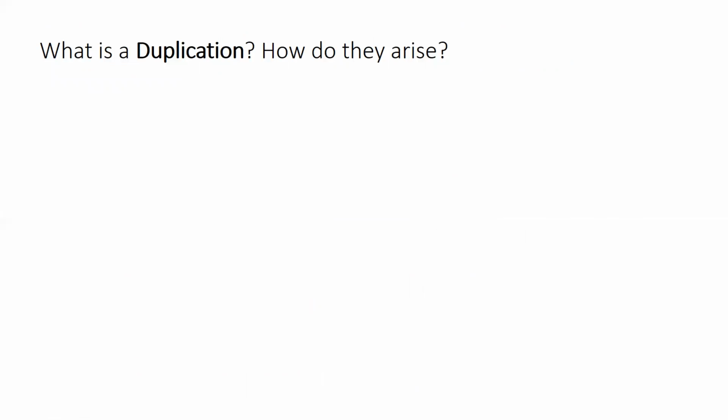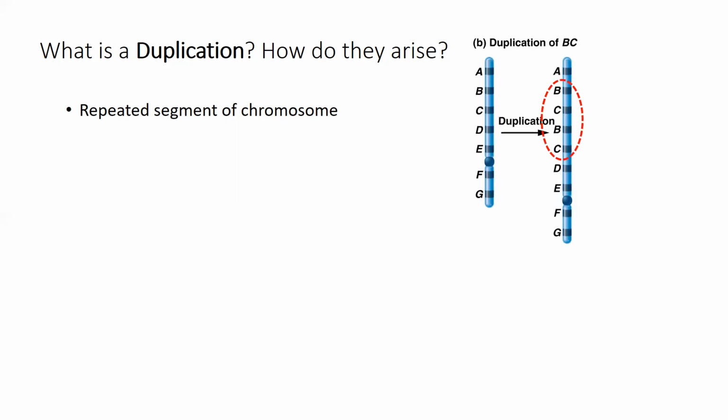So what is a duplication and how does it arise? Duplication, as it suggests, is a repeated or duplicated segment of a chromosome. It can be within the genome itself. So you have B and C here, just one. But when you have duplication, you have B, C, B, C. Okay? So the single locus is present more than once in the genome.